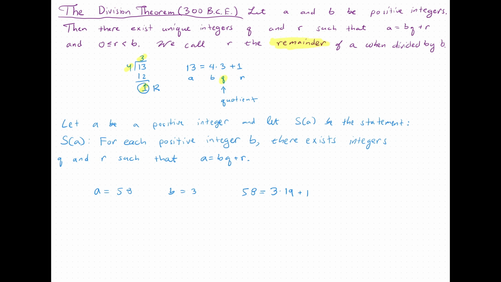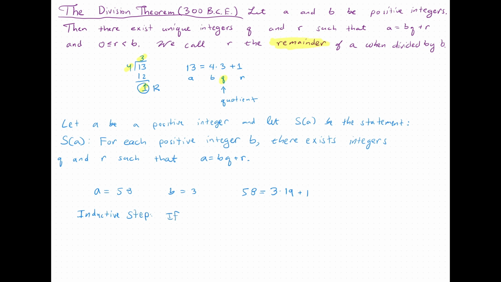And so if this is the case for our S of A, we want to consider how do we get the Q and the R for 59 with B being 3. So here's essentially the inductive step in this very concrete example.